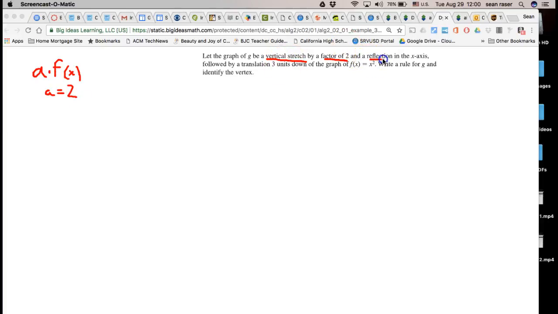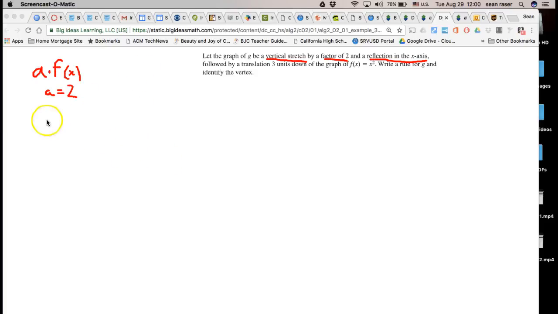Our next, a reflection on the x-axis. Now remember, a reflection on the x-axis means that we are reflecting vertically, up and down, right?